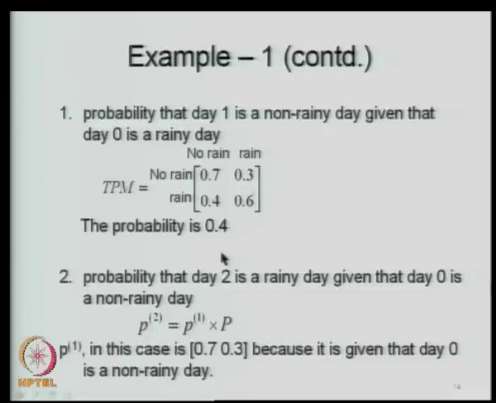We will continue this example in the next class, and then we will also see how for this particular example we can determine the steady state probabilities. So, essentially what we have done in today's lecture is that we have introduced the concept of Markov chain and then looked at what is the transition probability and then formulated the transition probability matrix. From the transition probability matrix, we have formulated an expression to obtain the steady state probabilities.